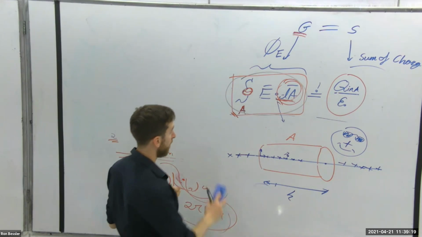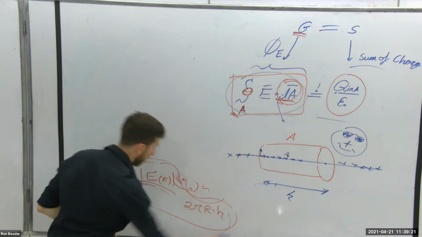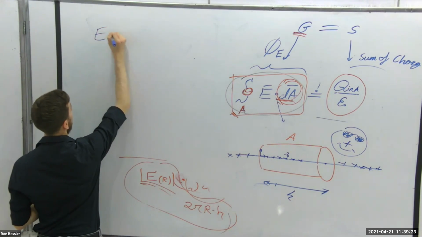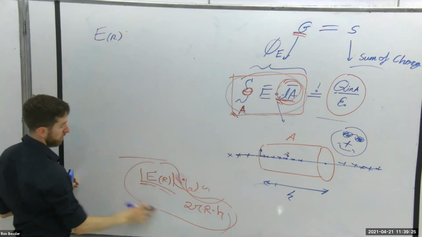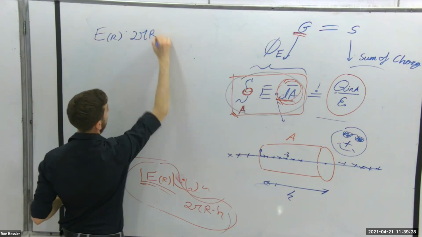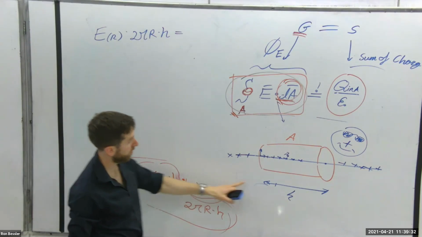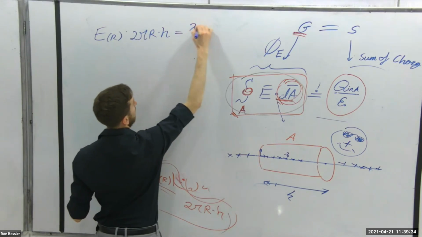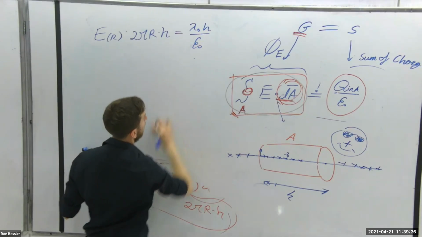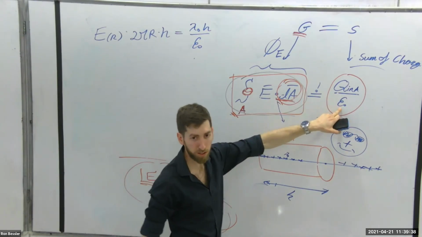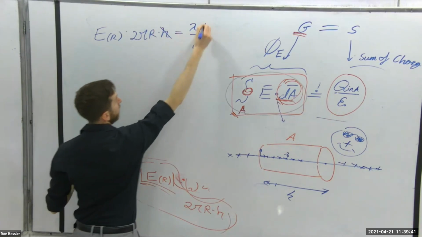Okay? Perfect. So let's do the calculation. E is a function of R, times 2 pi R multiplied by H, equal to lambda 0 h divided by epsilon 0, right? You have this. H dies out.